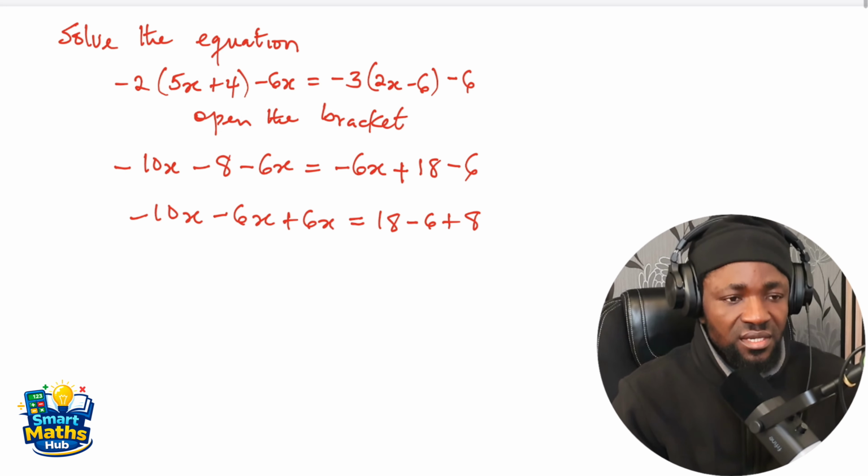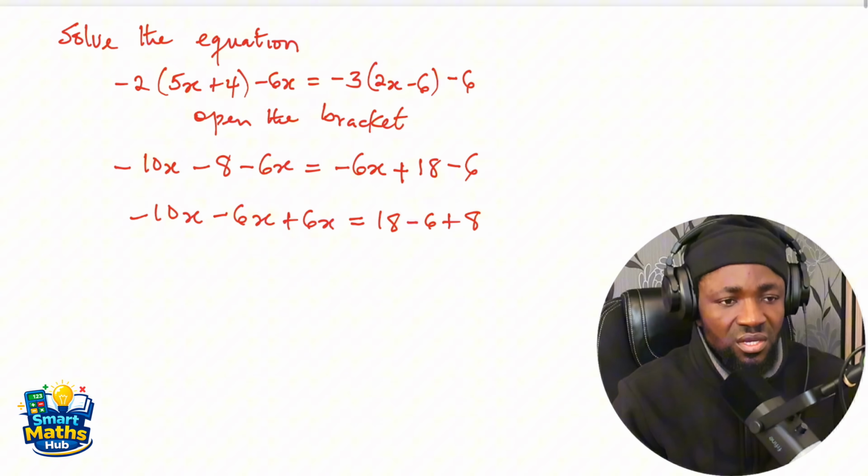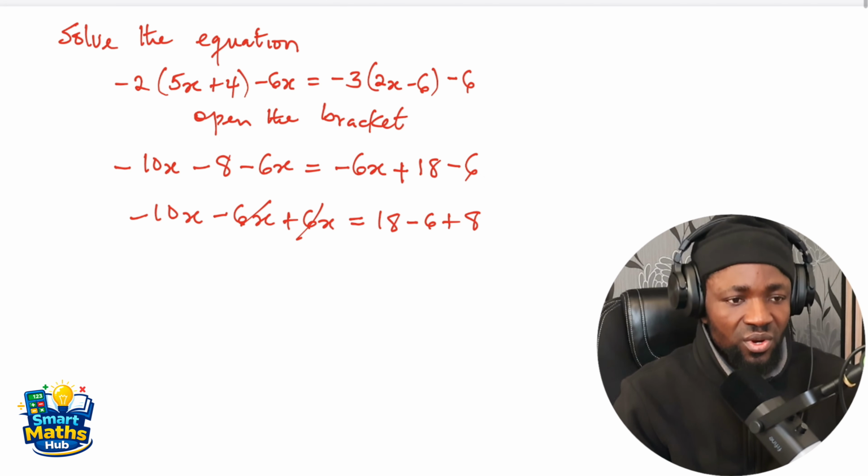So let's say we have minus 10x plus 6x minus 6x. So what we need to do here, look at what can cancel each other first. Minus 6 plus 6, that is not weighing anymore. We have minus 10x, right?